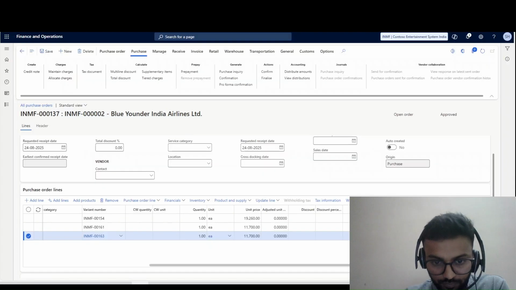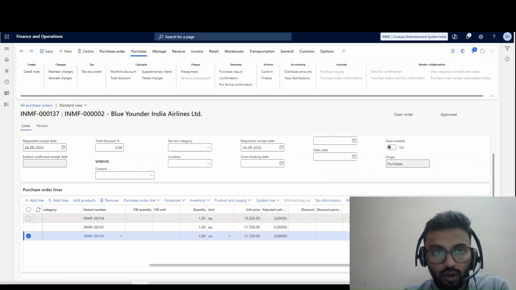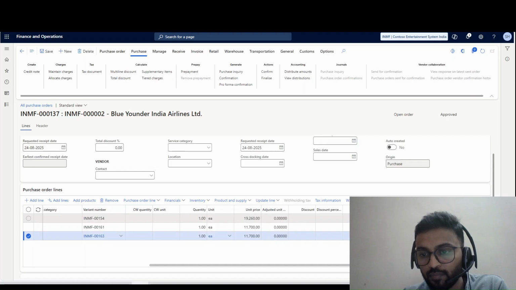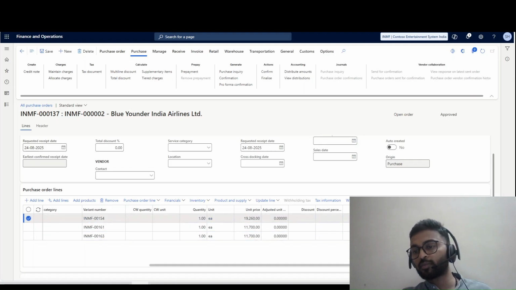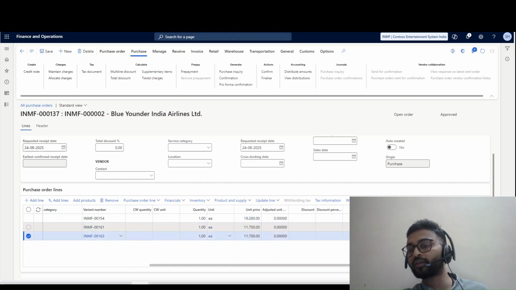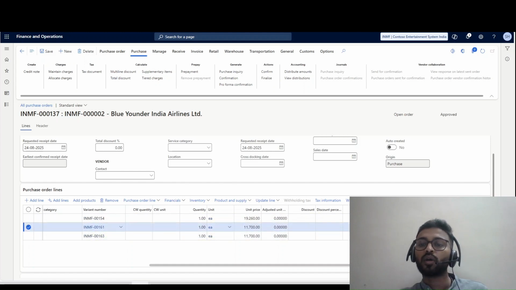So now what I will do, I will confirm this order. If you see here, my net amount is 19,260, but 1,000 is my charges, so my assessable value is added by 1,000. This 11,700 is my net amount, but 1,500 is my charges, so my assessable value is 13,200, and all the taxes, meaning GST, will be charged on this assessable value.